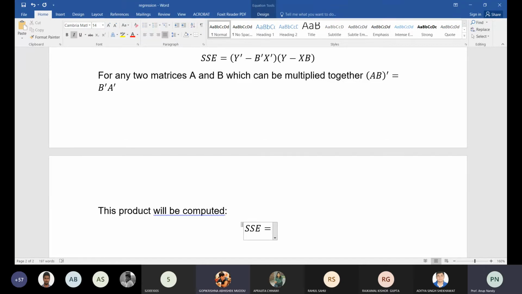SSE is equal to Y transpose Y minus Y transpose XB, minus B transpose X transpose Y.